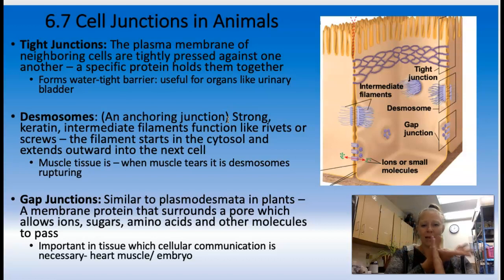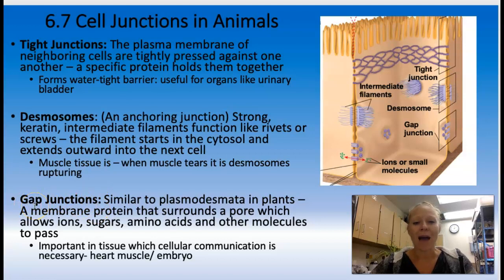It holds it together. Same thing. And so that's an intermediate filament. We've learned about those already. This is going to be found in muscle tissue. Your muscle cells are going to be anchored to other muscle cells. And so when you have a muscle tear, it's those ruptures of the desmosomes.